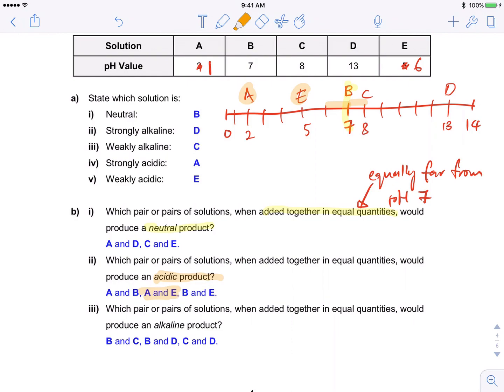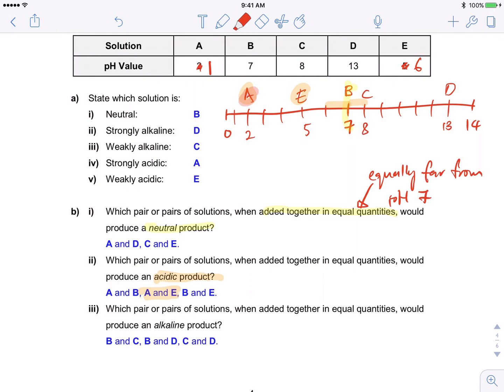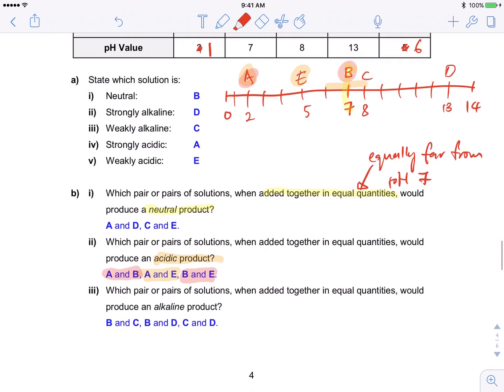If I were to add together an acidic solution and a neutral solution, acidic plus neutral, I should still get an acidic solution. Okay, same for here, acidic plus neutral solution, I should overall still get an acidic solution.